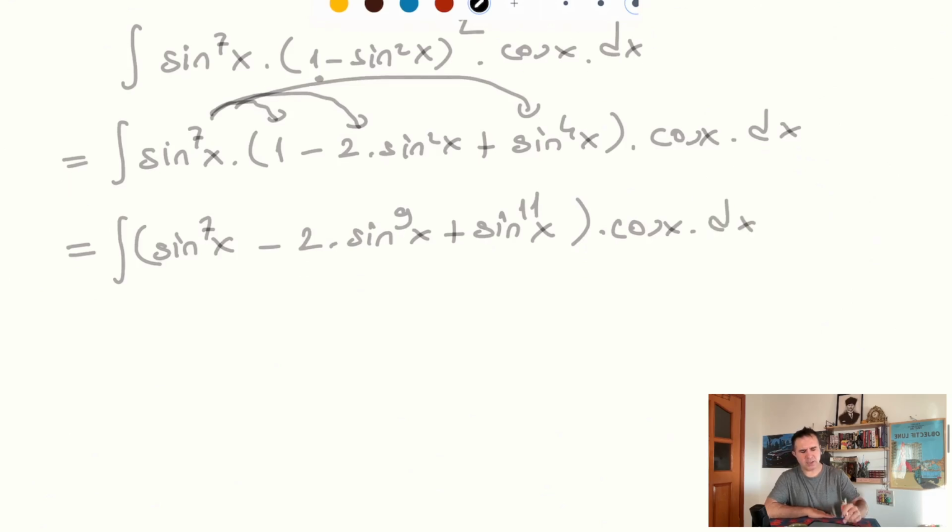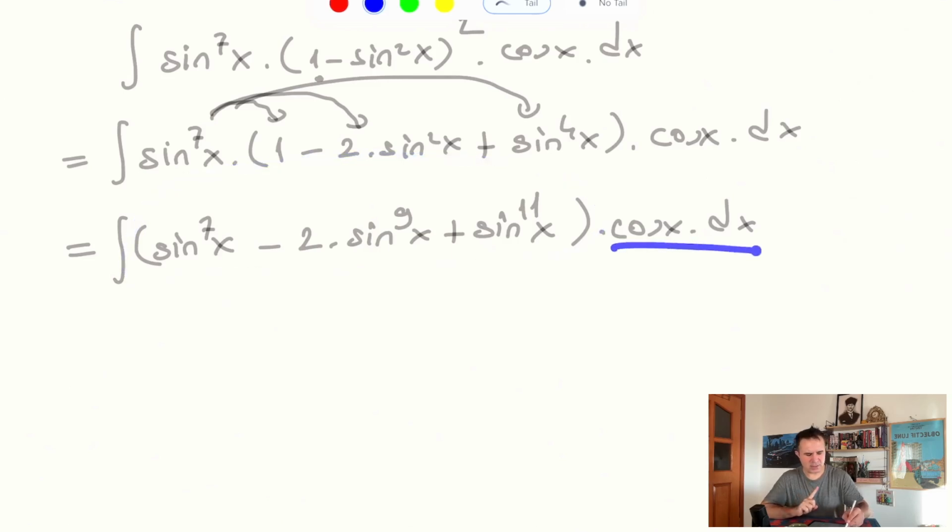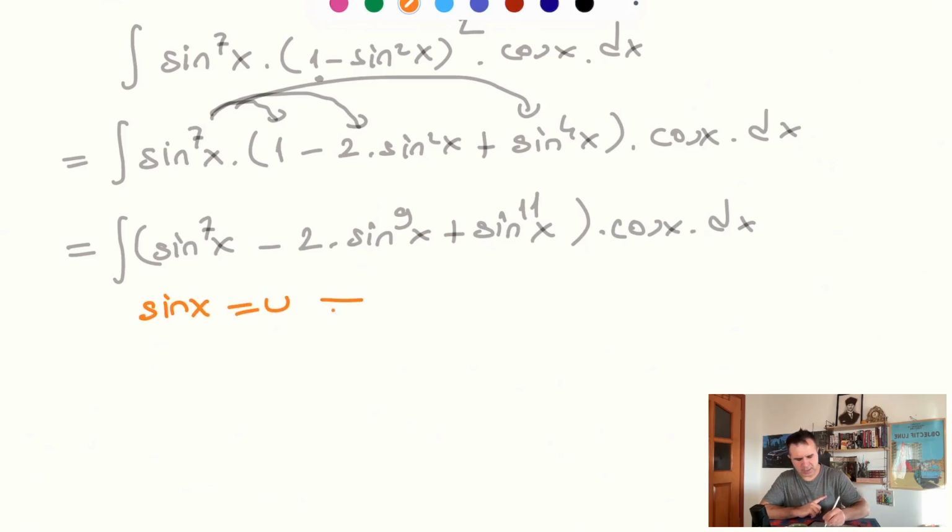Now we have a function of sine x, and the derivative of sine x is cosine x, and cosine x is multiplied by dx. So we can now use the substitution method. I will say that sine x is equal to u, then cosine x dx will be du.